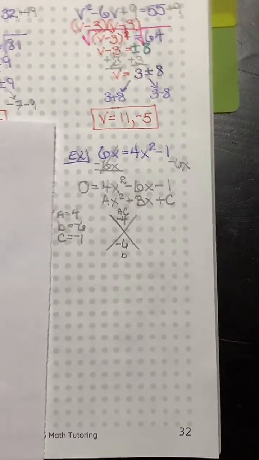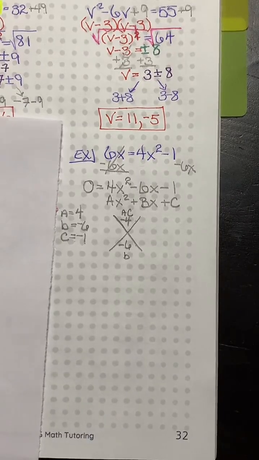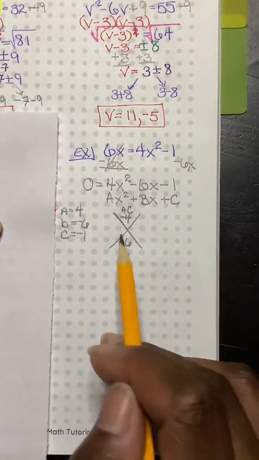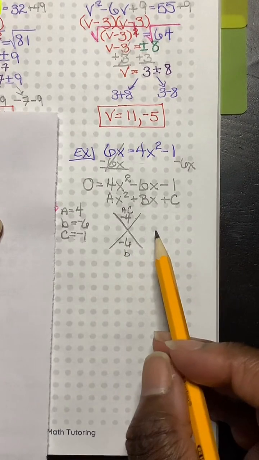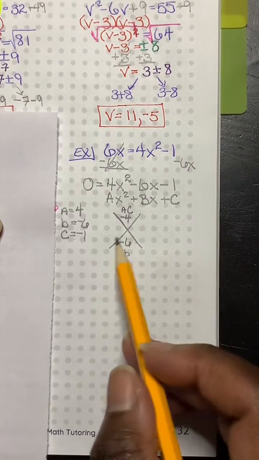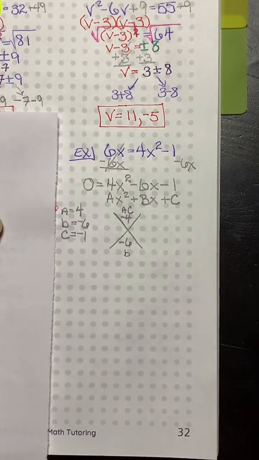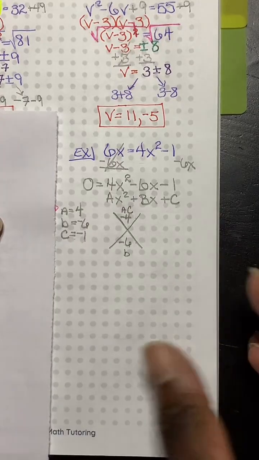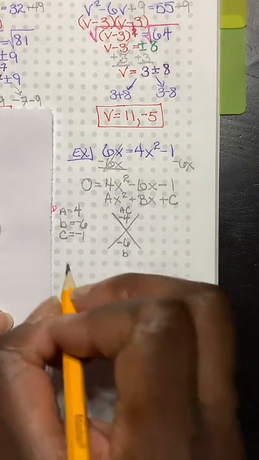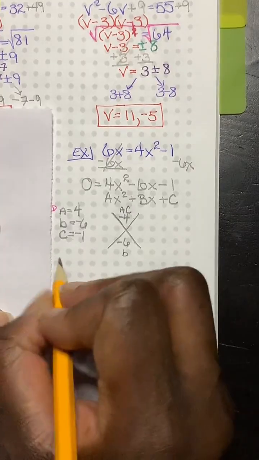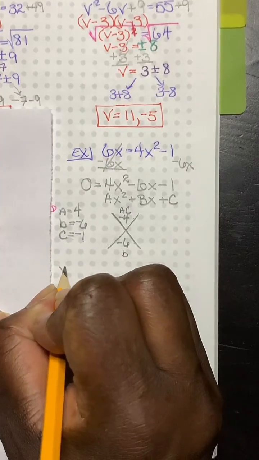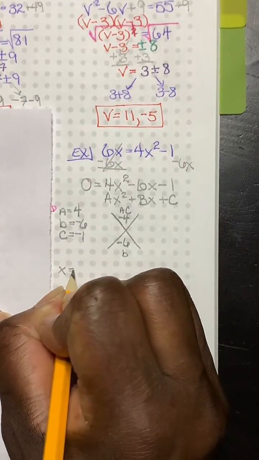Crisscross. Cha-cha, do the slow. All right? So, all we saw was 1 and 4 and 2 and 2. Either way, it's not going to give us a -6. So, it looks like we're going to have to go with the good old quadratic formula.